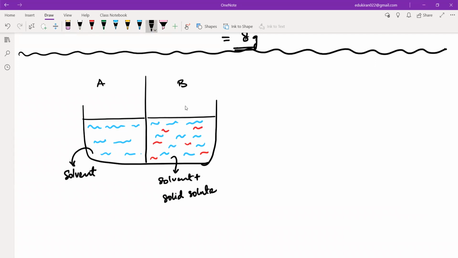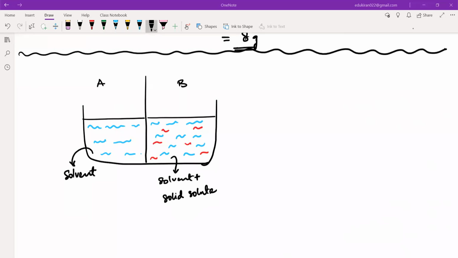Whose vapor pressure is higher, A or B? Whose vapor pressure is higher? A. Who said B? हाँ Samaira, आपने कहा था whose vapor pressure will be higher, Samaira? I meant A actually. You meant A, but you said B. Very good. अच्छा, tell me why is B lower?